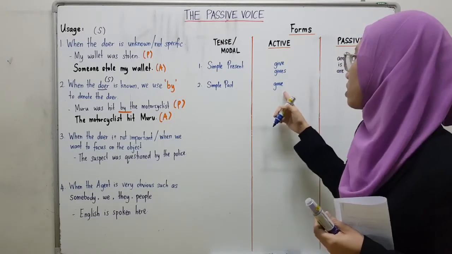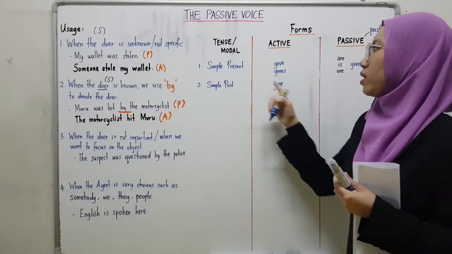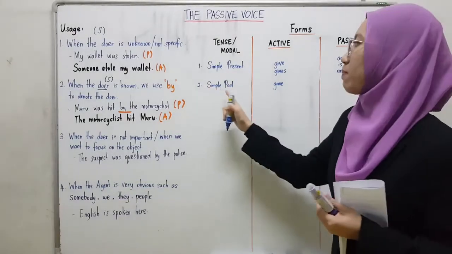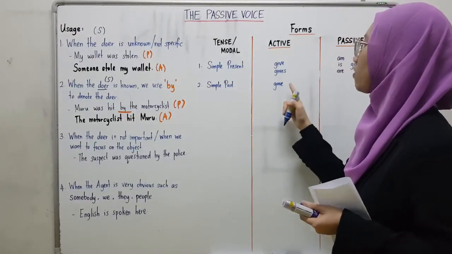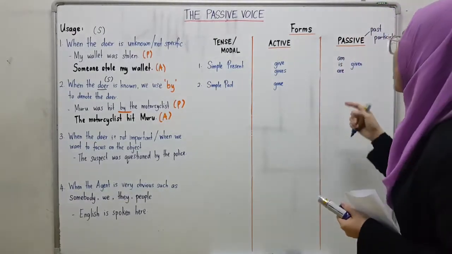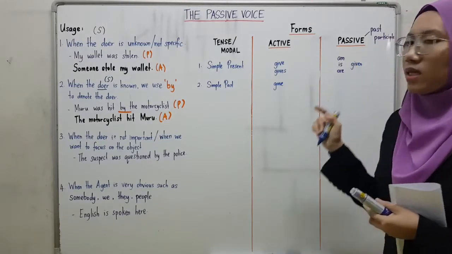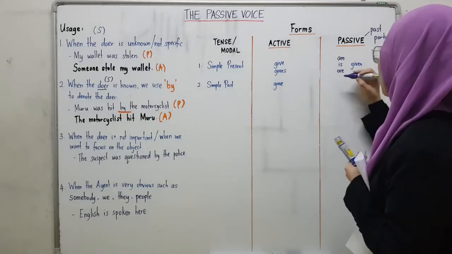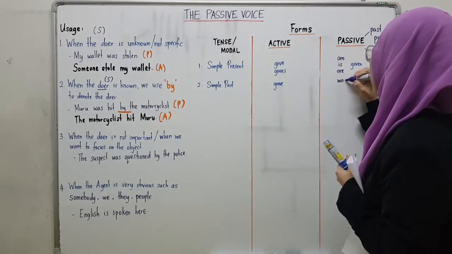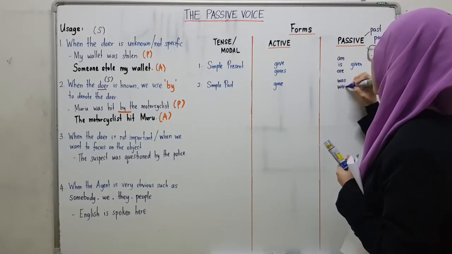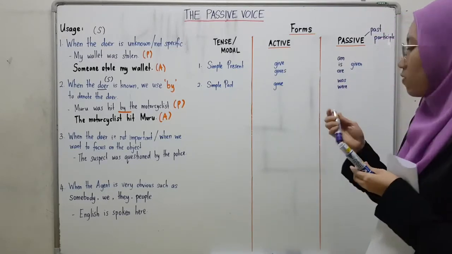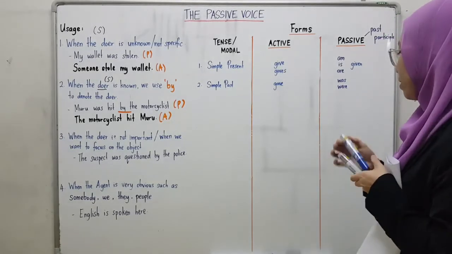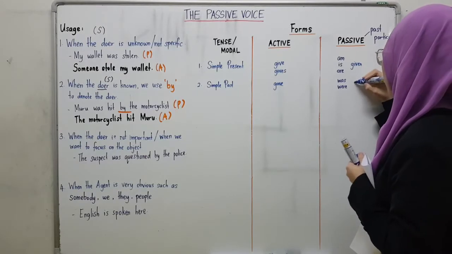The only use of verb 2 is when you want to use simple past tense: give, gave. The past tense of am, is, are, the verb to be, becomes was or were. Was is for singular and were is for plural. So was or were given.